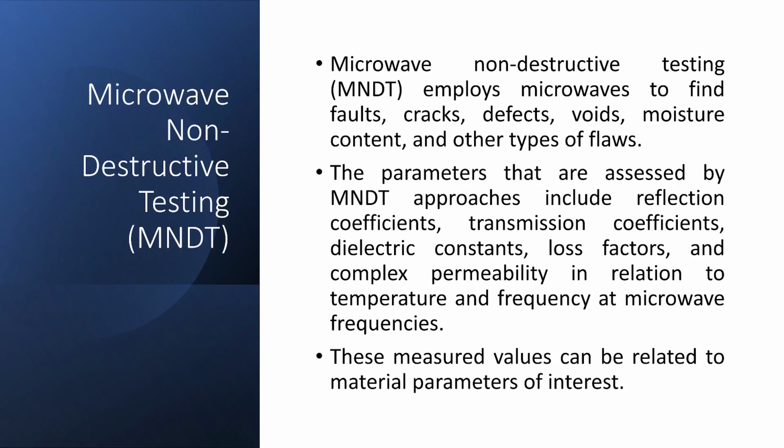Some of the parameters that are being assessed by MNDT approaches include reflection coefficient, transmission coefficient, dielectric constant, loss factor, and complex permeability in relation to sometimes temperature, sometimes frequency. And these measured values can be used to characterize the materials being tested.